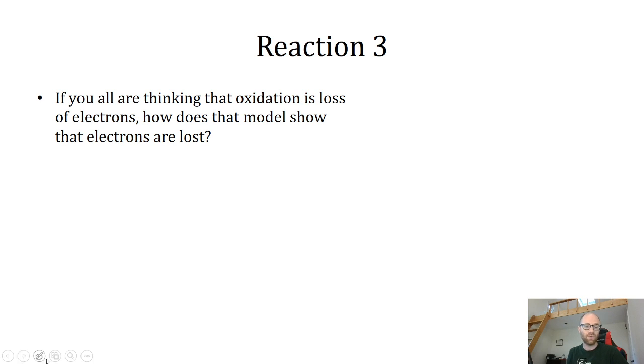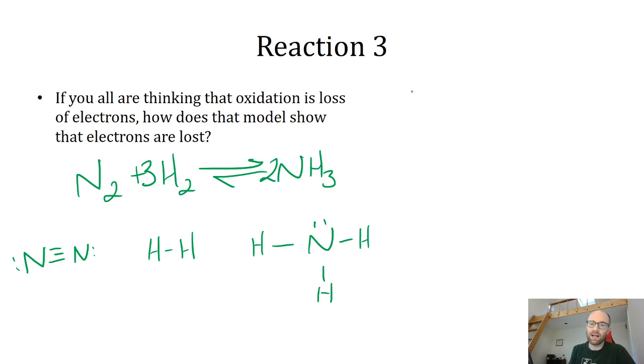So looking back at our reaction, which chemical was oxidized, which chemical was reduced, and why does this still make sense? How does this show that our electrons are lost and gained?